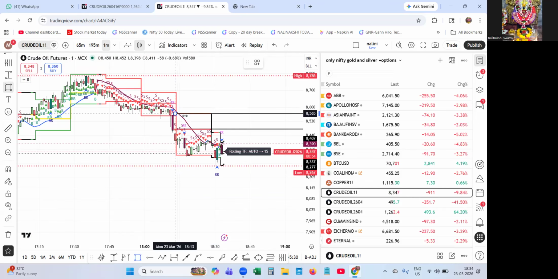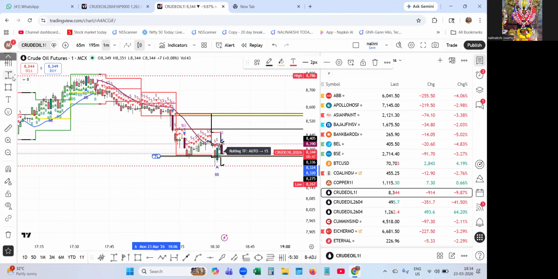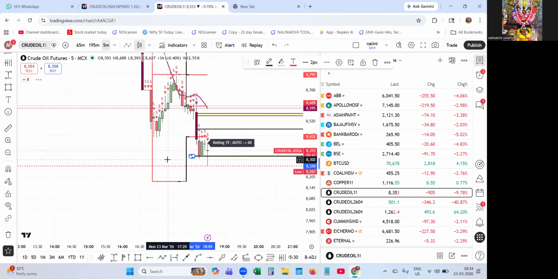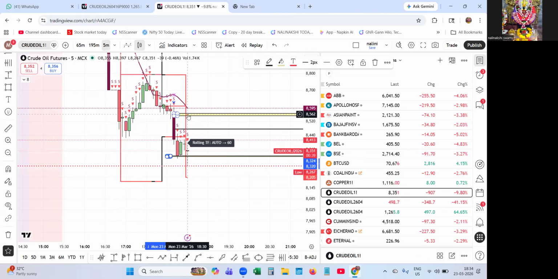Suppose you have entered here like this, and this is the first 15-minute box, and this is the resistance. So go to the 5 minutes. Scalping you cannot do. This is the resistance, this is the pivot, and price is below. So you need to think of a put option in the crude oil.